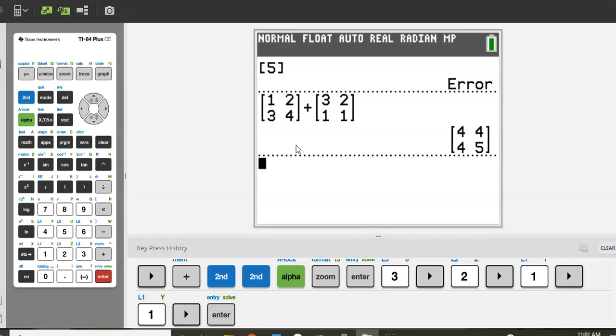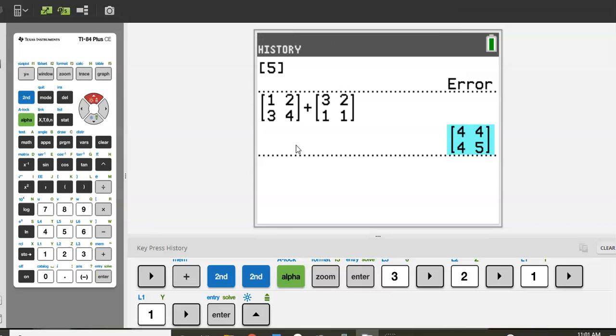My answer is going to be, in element 1, 1, 1 minus 3. In the upper right would be 2 minus 2. In the bottom left would be 3 minus 1, and in the bottom right would be 4 minus 1.